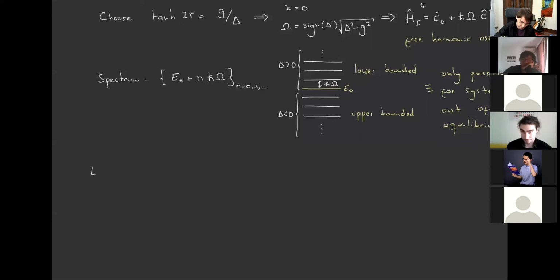Now, how about the eigenstates? As I said, the eigenstates of this Hamiltonian are nothing but the eigenstates of the number operator C dagger C. Based on the properties of the annihilation and creation operators, we can define a Fock basis that will be a basis of eigenstates of this C dagger C operator, and I will call them n sub C. These are the Fock states associated to the Bogoliubov mode, not to the original mode.